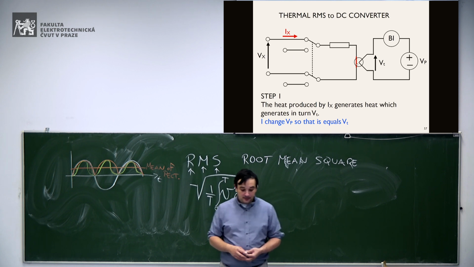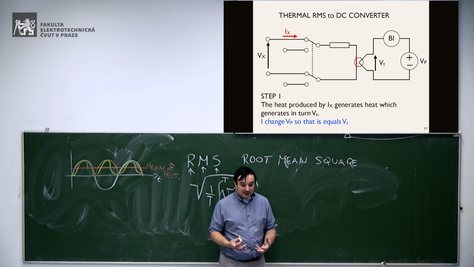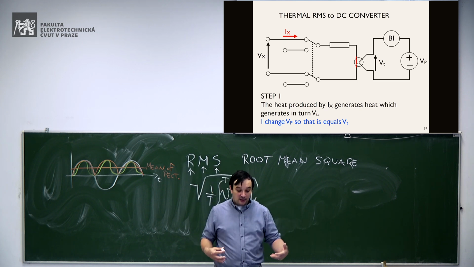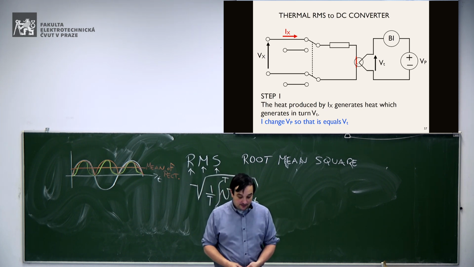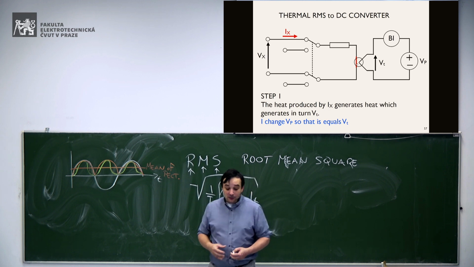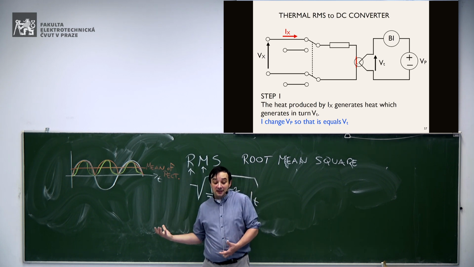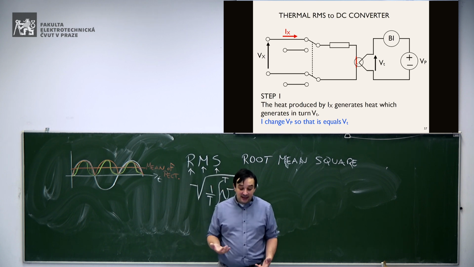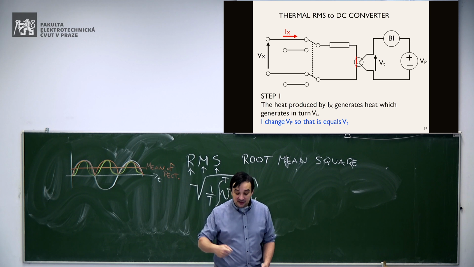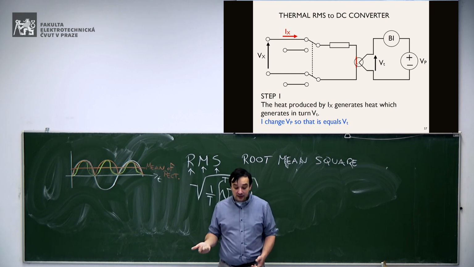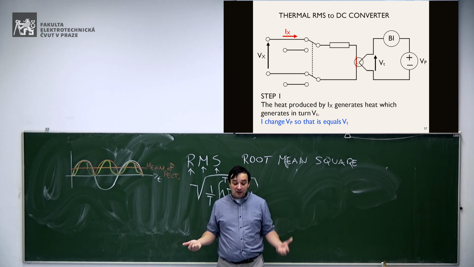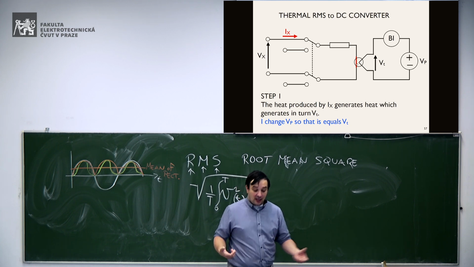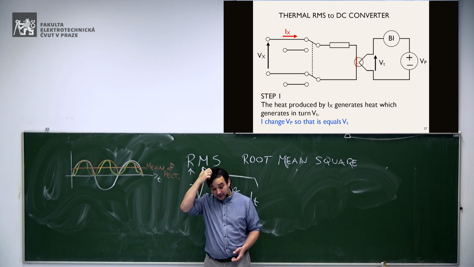In the first step, we produce some heat by applying a voltage Vx to the input, which creates a current Ix. And then we obtain a voltage Vt due to this heat. At this stage, we change manually the value of the voltage Vp so that it will be equal to Vt, the voltage produced by the thermocouple, the temperature sensor.